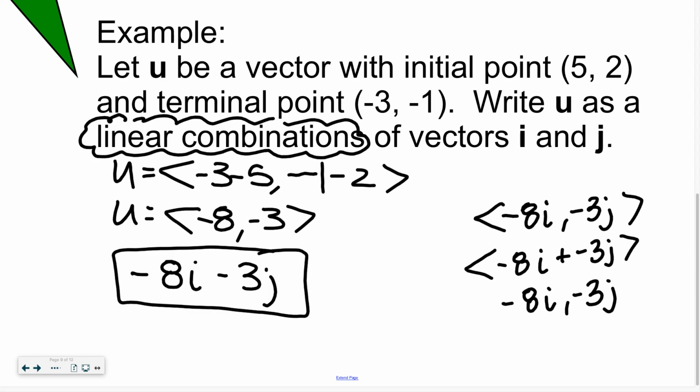Wrong. A linear combination is a sum of two products, ax plus by. Should have a plus. Don't write those. It's got to be -8i. You can say plus -3j or minus 3j. Questions, concerns?